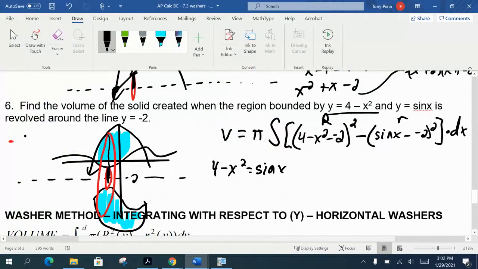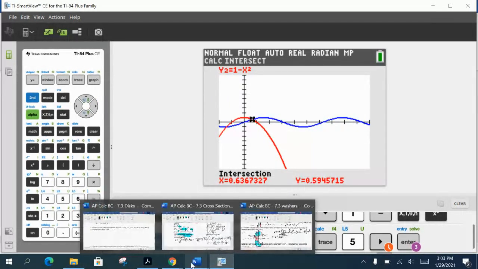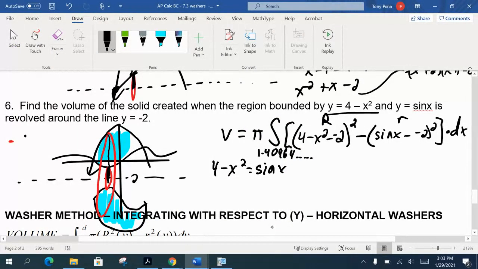I'm going to write it here, but just know that the decimal continues on, so you're going to want to store it before you plug it in. And then the second intersection point is 0.63673727. If I can remember all that, it's 0.6367367 maybe. That's what we then plug in.